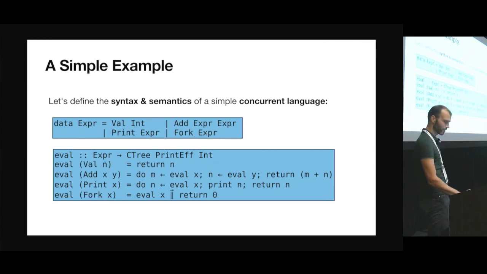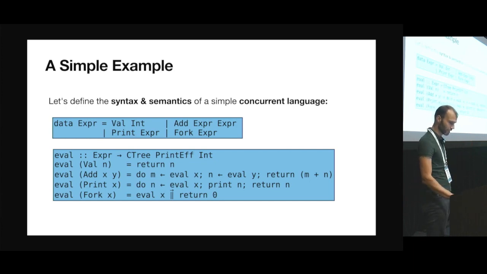And down here, you have the semantics of the language given in terms of these choice trees. And here we have the effect, so it can use the effect of printing to the screen. And then the semantics for val and add are straightforward. For the val, it just returns the value, and for addition, it just evaluates x and y and adds their result.